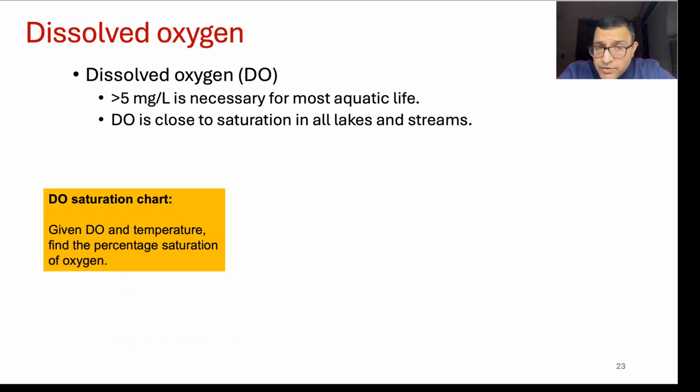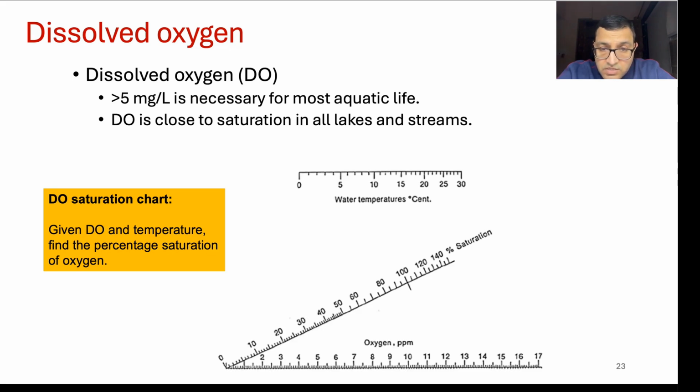How do you figure out, in a lake or any sample, what the saturation is? Because the solubility of oxygen in water is highly temperature dependent. So there's this chart that you could use. Here on this straight line on the bottom, it shows the oxygen in ppm.